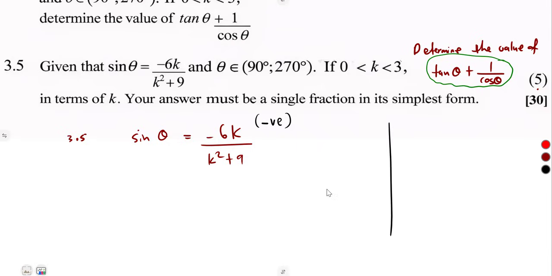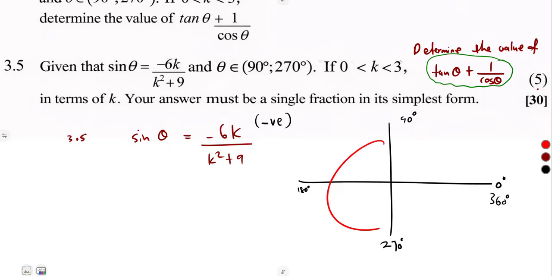And we are told that our theta must be taken from 90 to 270 degrees. This is 0 degrees, 90 degrees, 180 degrees, 270 degrees, 360 degrees. From this range that we are given, 90 to 270, where is sine negative?